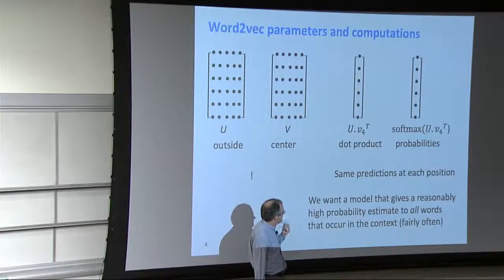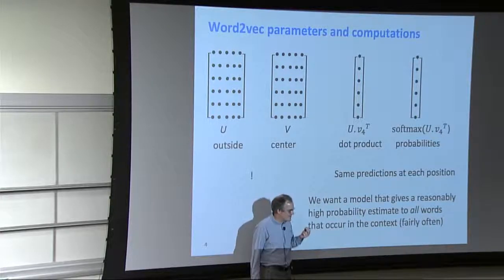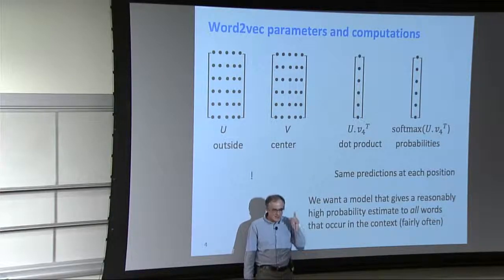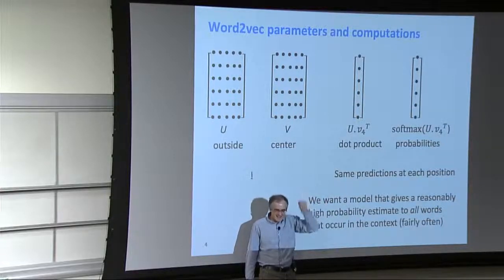There are things to notice there, which hopefully you noticed last time, but to make sure: we've just got one probability distribution. So in terms of what words we predict, we're predicting exactly the same probability distribution at every position. We're saying the most likely word 1 to the left is whatever it is, house. The most likely word 2 to the left is house. 3 to the left is house.